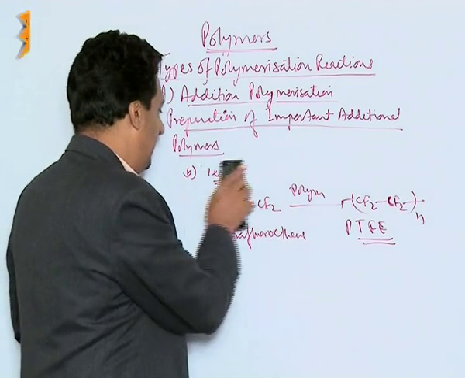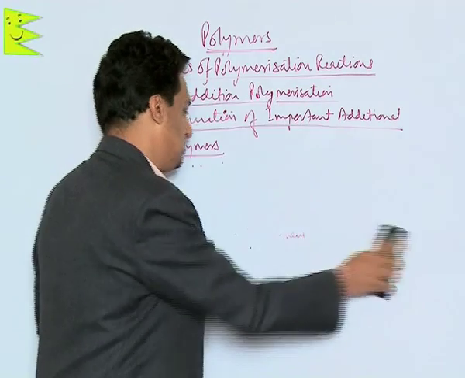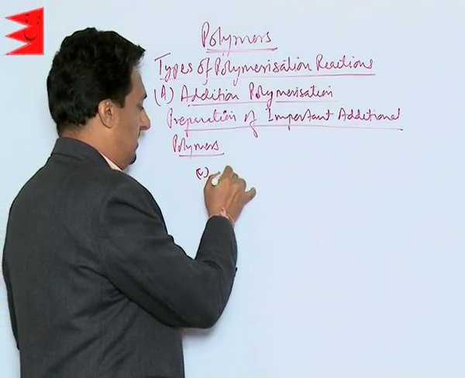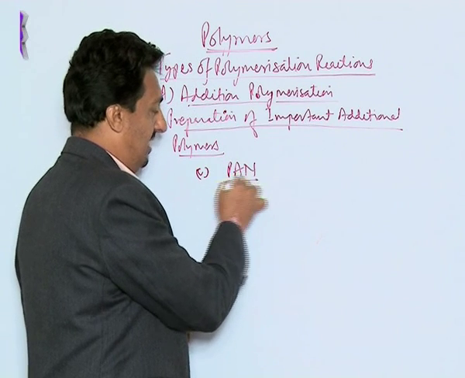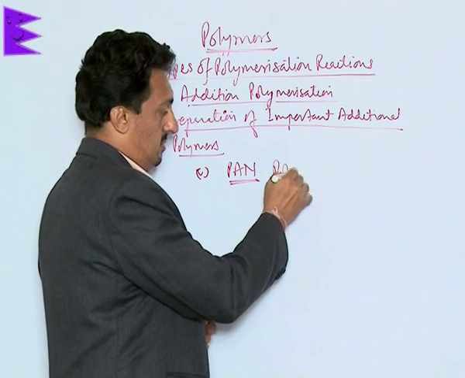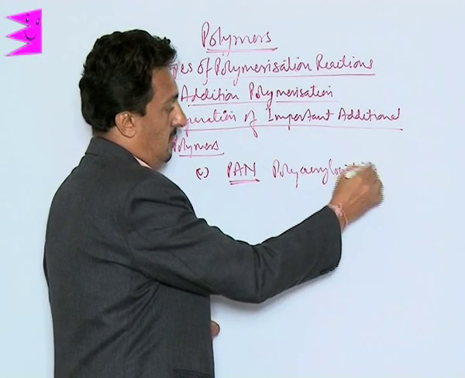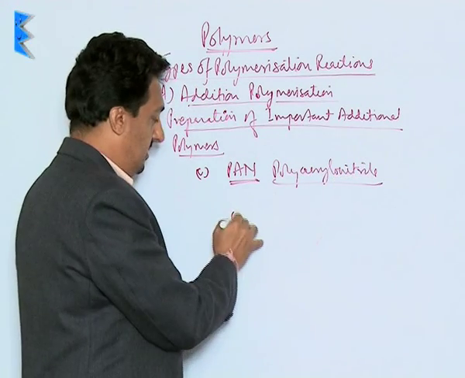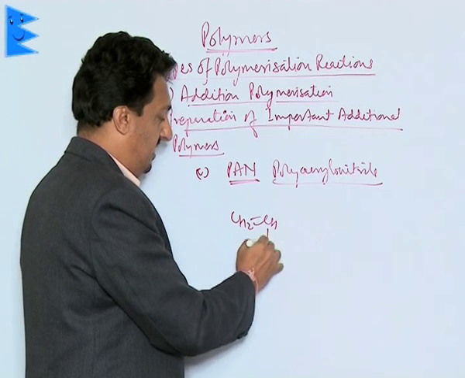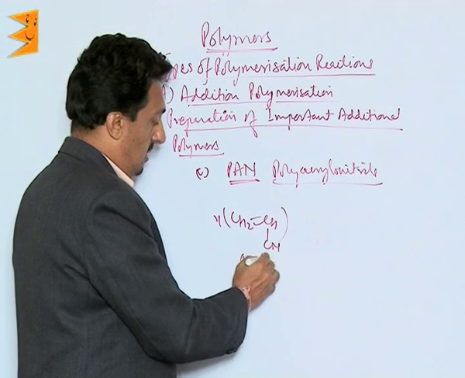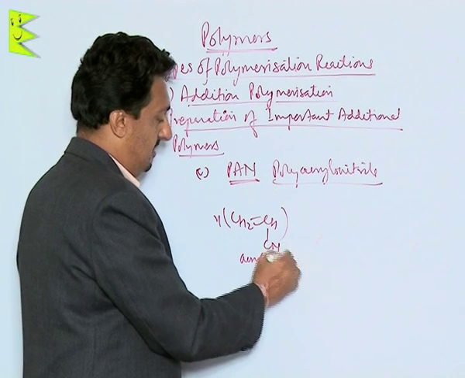Then we have another example of this addition polymer, a very important addition polymer, which is called polyacrylonitrile, PAN. This CH2 double bond CHCN is called acrylonitrile.